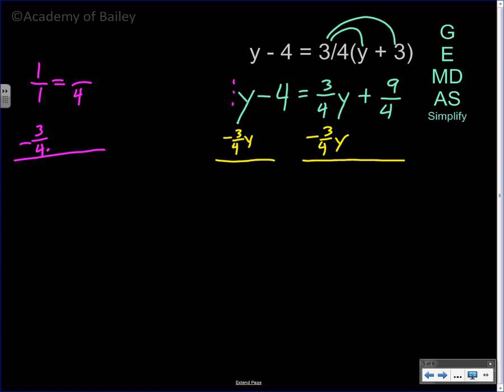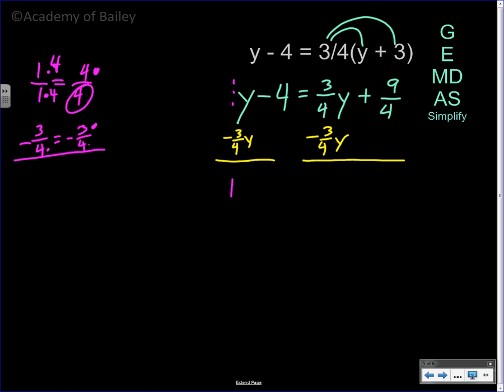So in order to get the bottom here to 4, we've got to multiply by 4, and then we do the same thing on the top. Multiply by 4. And down here at the other one, we're just going to leave it the same. It doesn't change because it already has a denominator of 4. So now we say 4 minus 3, because that's a negative 3/4. 4 minus 3 is a positive 1.